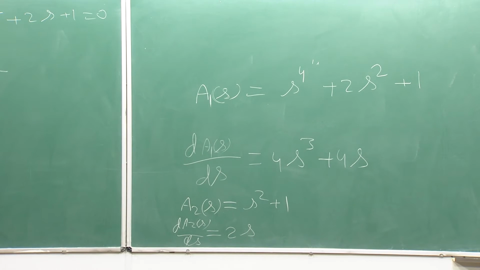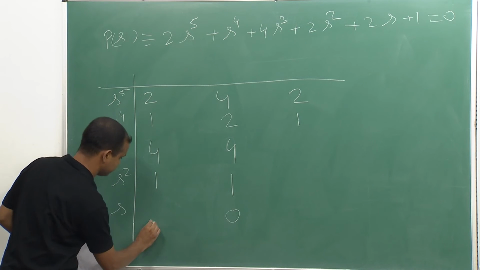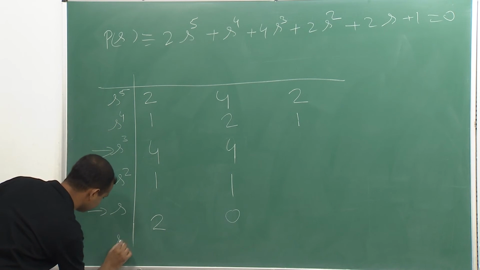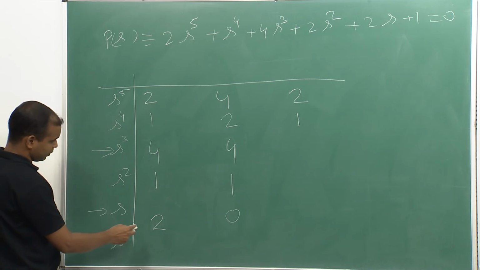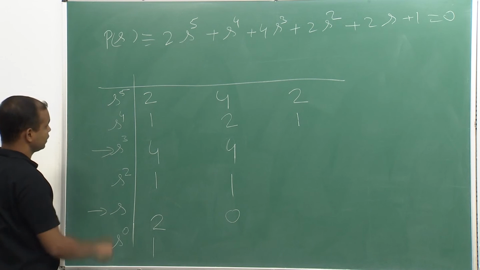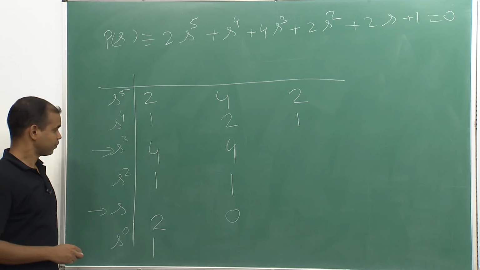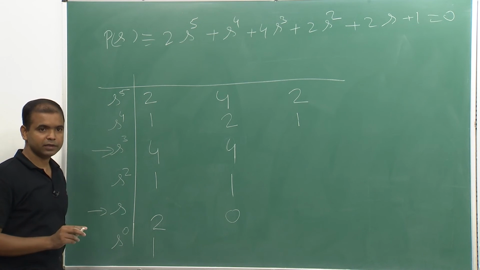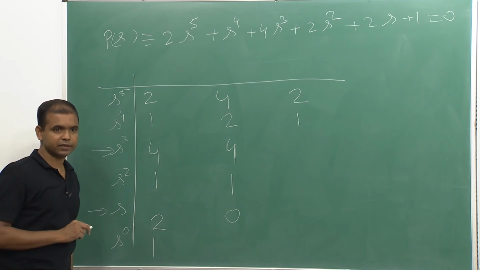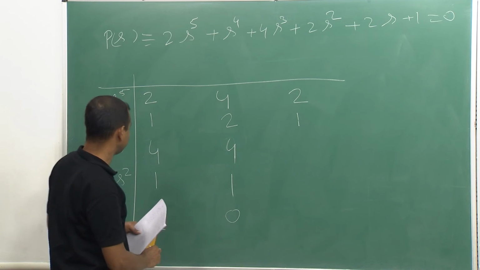So, I will have to replace this 0 with 2, and now for s to the power 0, I will get 1. So, all the coefficients are positive, but we have to check whether there is any double pole on the imaginary axis or not, and for this we will have to find the roots.